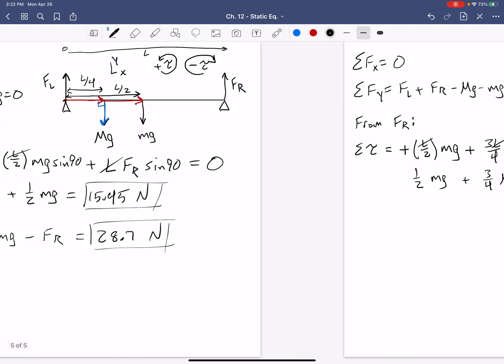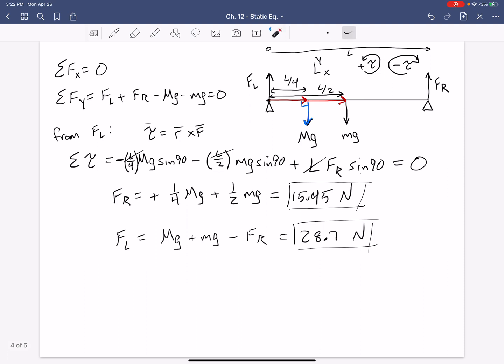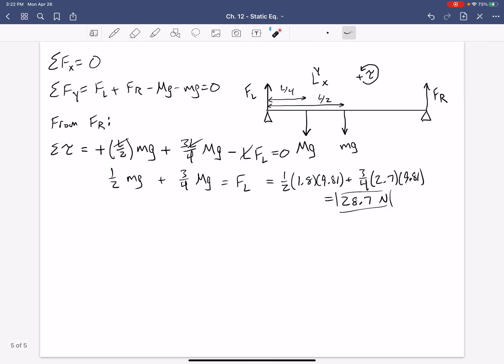And if we go back, FL was again 28.7. But notice, it's a slightly different equation, right? Even it's slightly different from FR. So if you choose a different axis location, the equations won't necessarily be the same. In fact, most times they won't, okay?